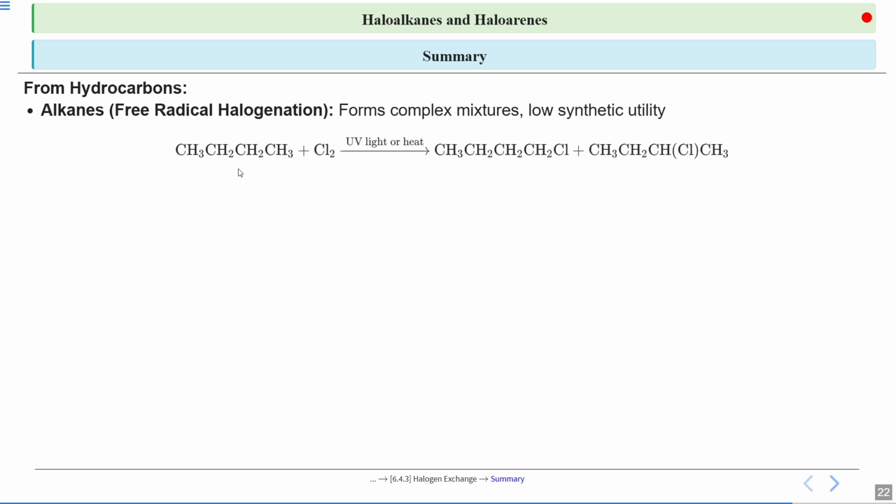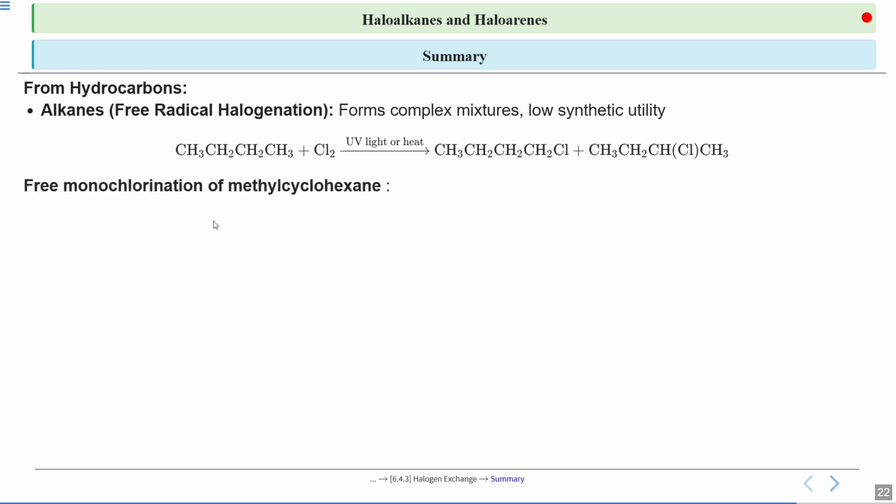So when an alkane reacts with a chlorine molecule in the presence of UV light or heat, you get isomeric mixtures, which have low synthetic utility and are difficult to separate.